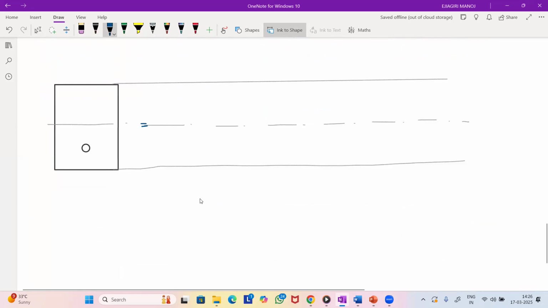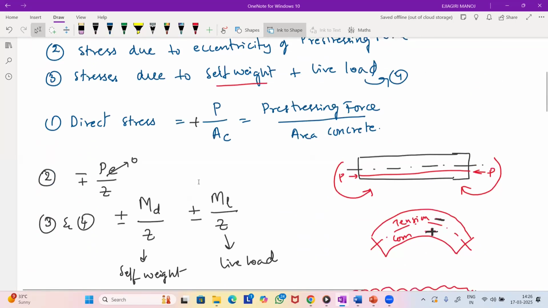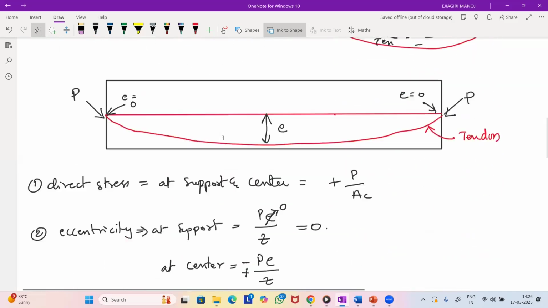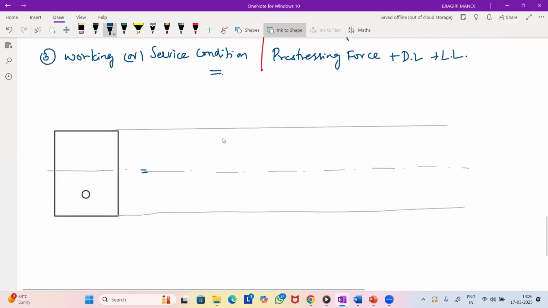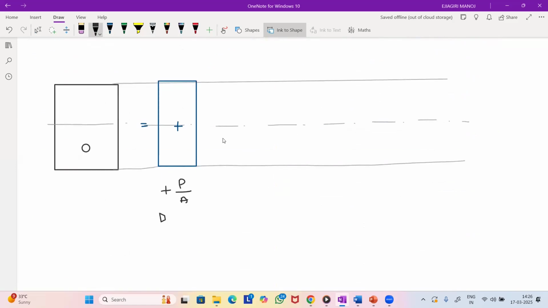As we discussed, the direct stress will always be positive, P by area of concrete. So it will be positive. Let us write the formula also: plus P by A. This is the direct stress.